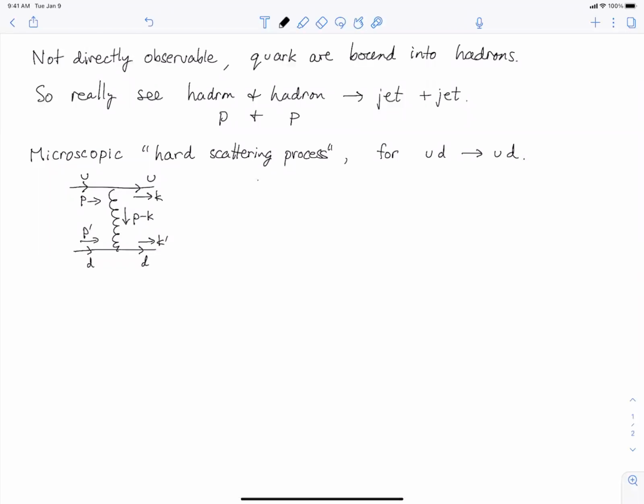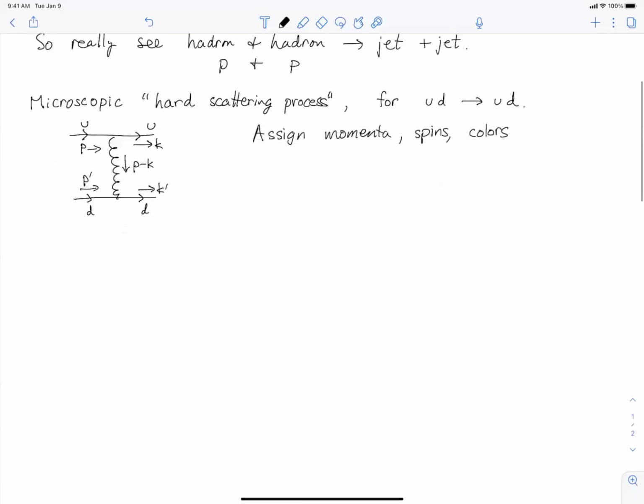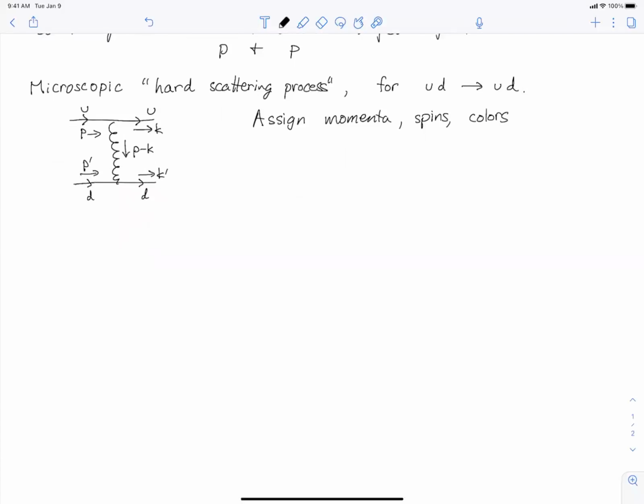But to calculate it, let's assign momenta and spins. And now the new ingredient that we didn't have in quantum electrodynamics is we also have colors. Okay, so here's our little table. We have for each particle a momentum, a spin, the spinor, and then the color.